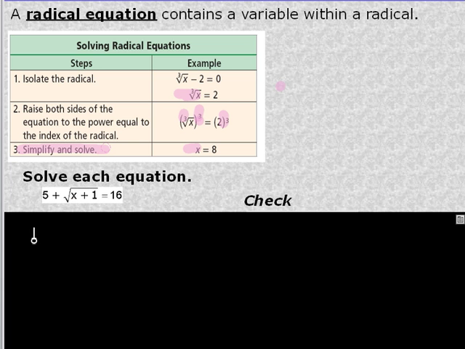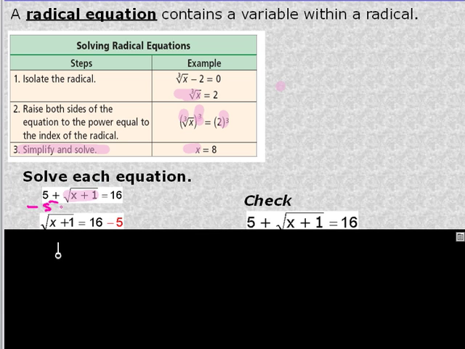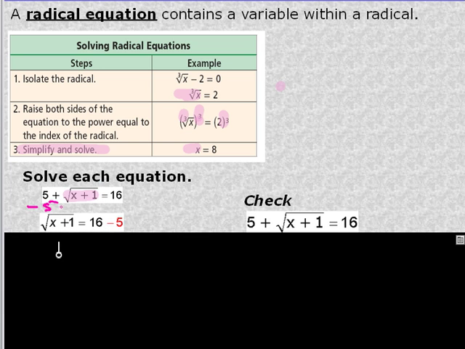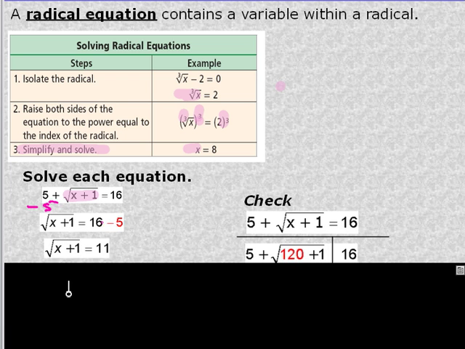So here's our radical equation. Remember, first thing we need to do is isolate the radical. So here's our radical. This is our entire radical. We need to get everything but that on the other side of the equation. So we're going to subtract 5 from both sides. And then that's going to give us, when we subtract 5, an 11.